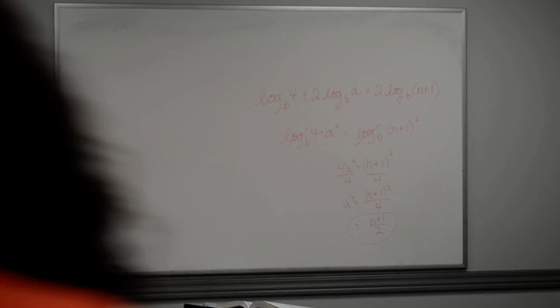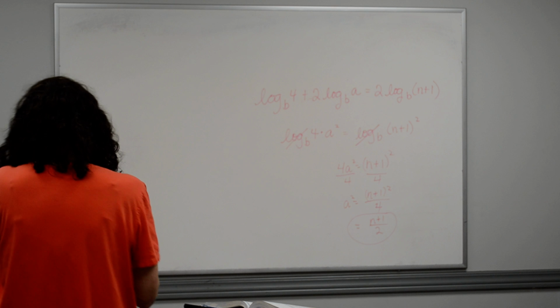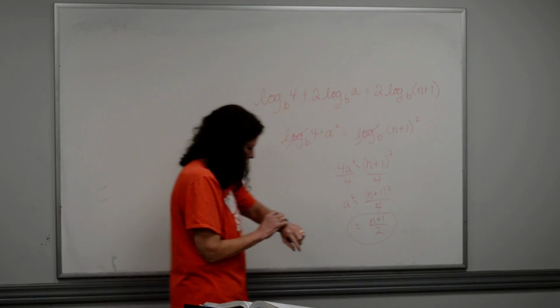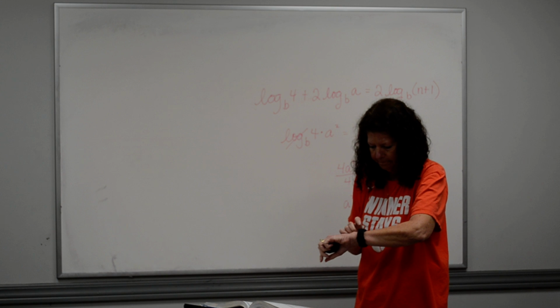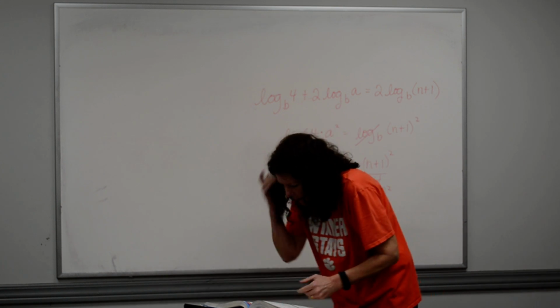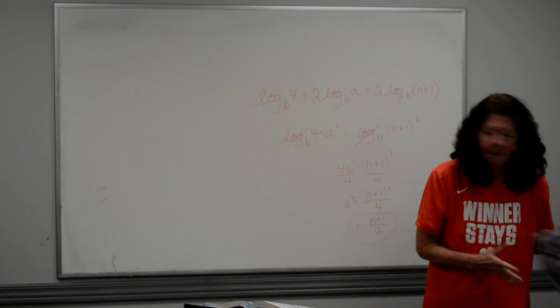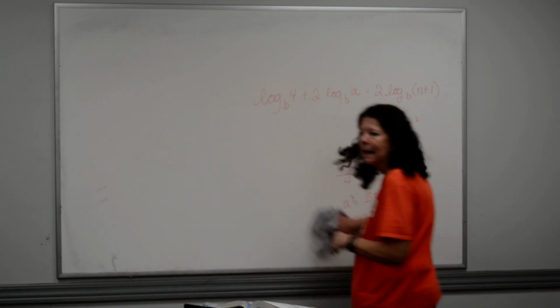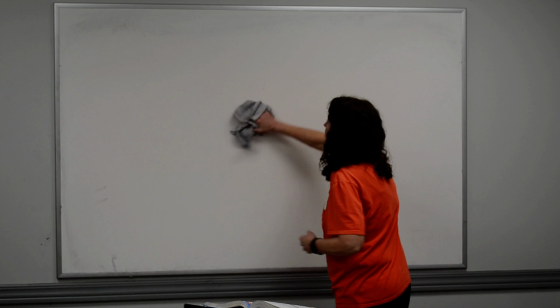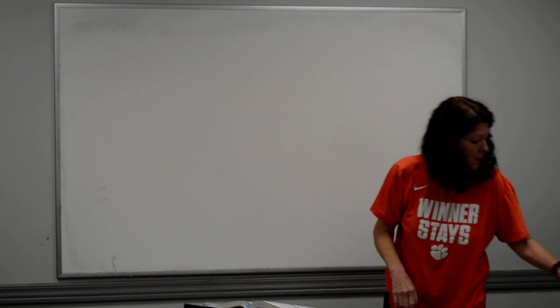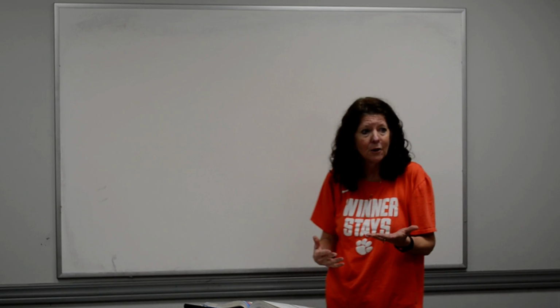Okay, what we're moving on to is really what your calculator allows you to do. So the common log is basically a log that has a base of 10. The calculator is set up for common log, so when you press the log button on your calculator, that's what it means.